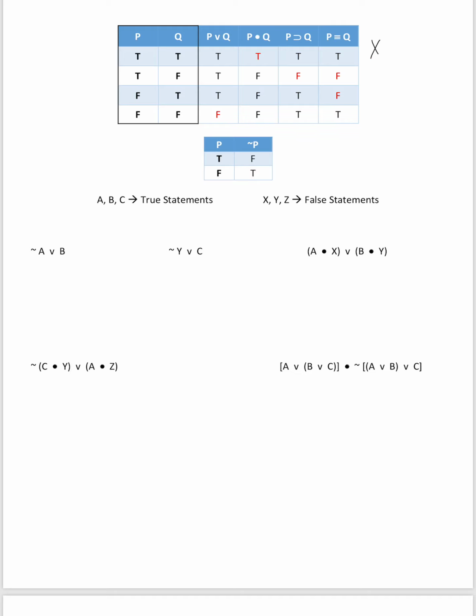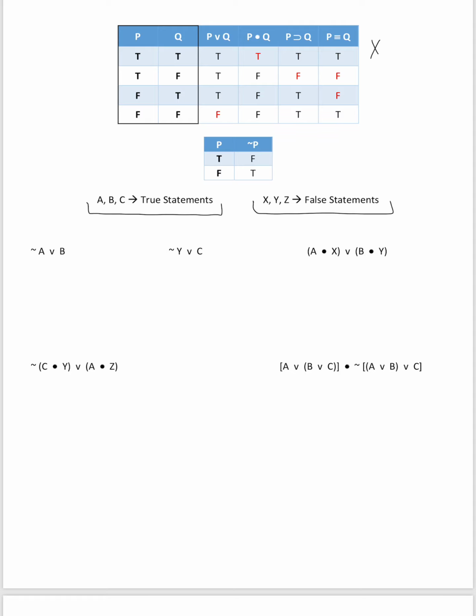Okay? So the first thing we're going to do with these is we are going to apply them to statements, and we're going to be told whether a statement is true or false. So in the book, this is what your homework will be. A, B, and C will be true. X, Y, and Z, false. Don't question this. You're being told this. You're just going to use it. Okay?